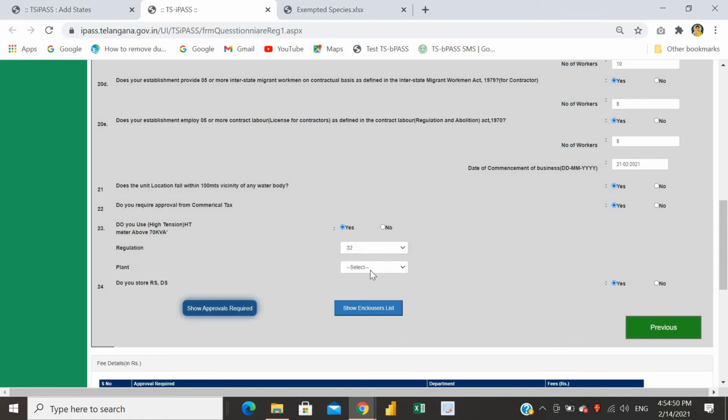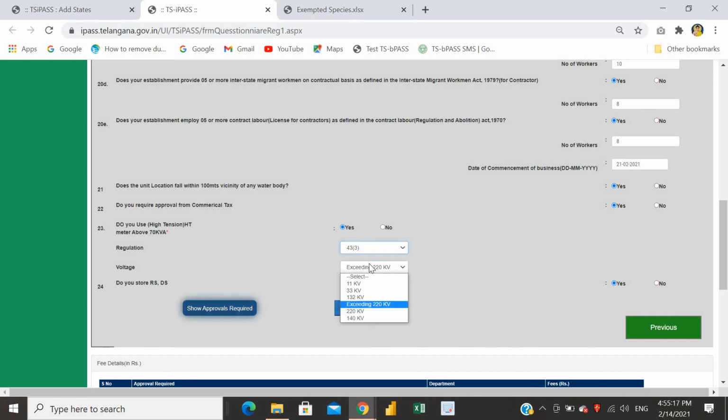And rule 32 is for generating plants. If I am proposing a small solar plant, a small wind plant or a small biogas plant and its electrical installation is more than 650 volts, I have to choose that particular section. But it has not given me two options to choose if I have both of them at my proposed location. So I'm just going with one, new installation, rule 43(3).